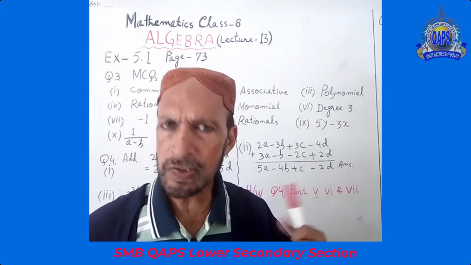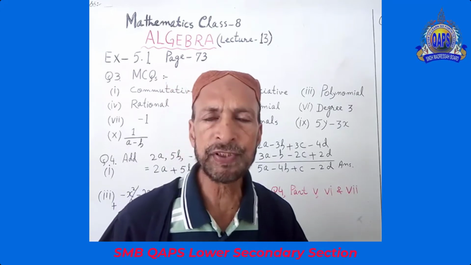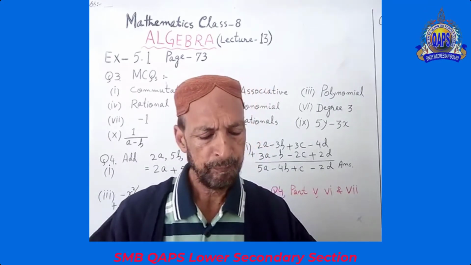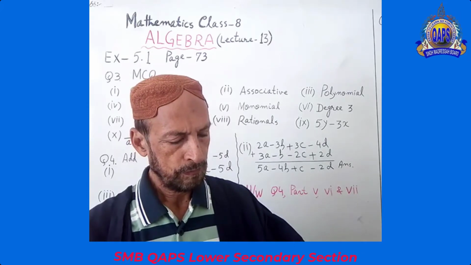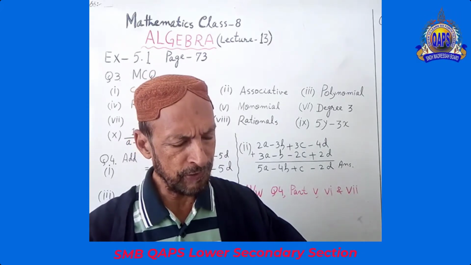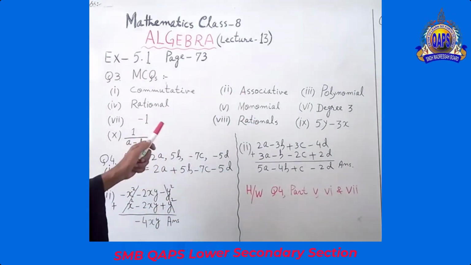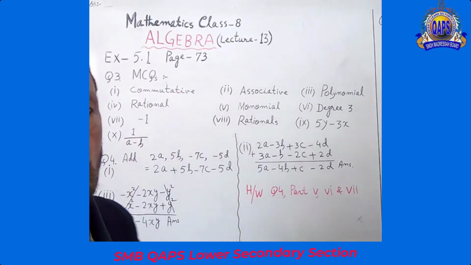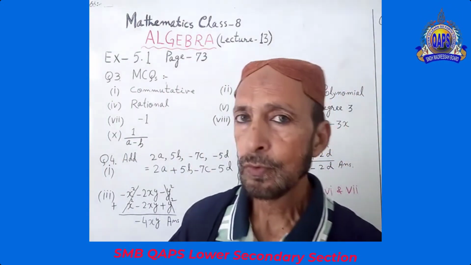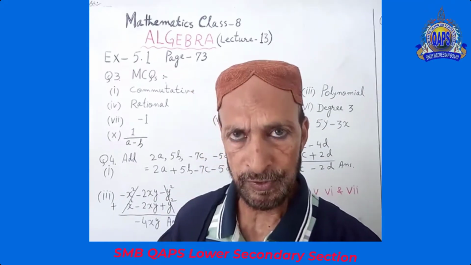So, if you concentrate upon the question, you will see that it is commutative property of multiplication. I wrote the answer over here. I taught you most of the things about these properties.